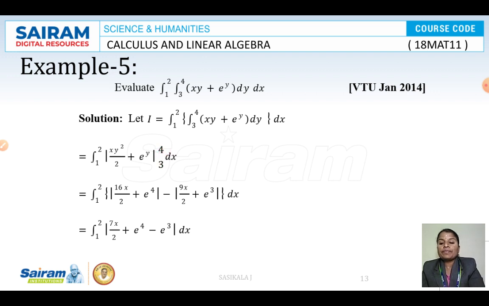So substitute and simplify. I am getting the equation as 7x by 2 plus e to the power of 4 minus e cube, because 16x by 2 minus 9x by 2 will be 7x by 2.